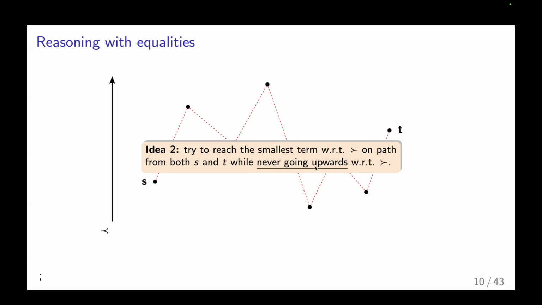And this is very important because, as I said, the ordering is well-founded, but if we go upwards, then we lose this property and we may never terminate. I'm not saying that this shouldn't ever be done. There are actually techniques which go upwards in the ordering, but usually going upwards is not a really good idea, and this is not done in superposition reasoning.